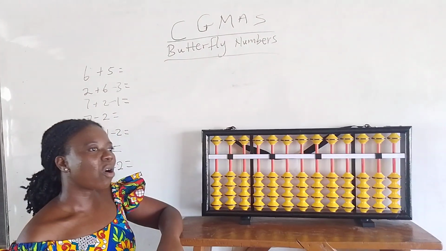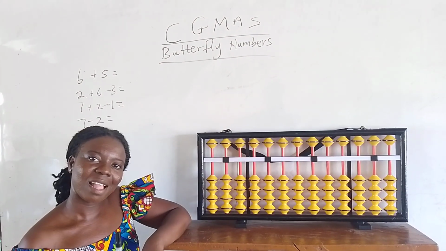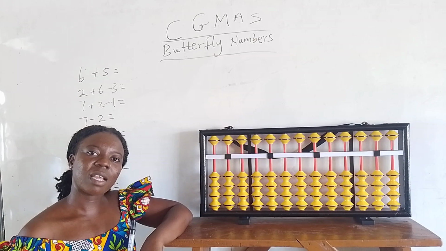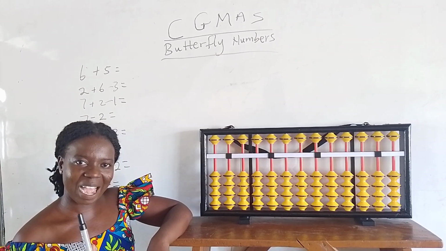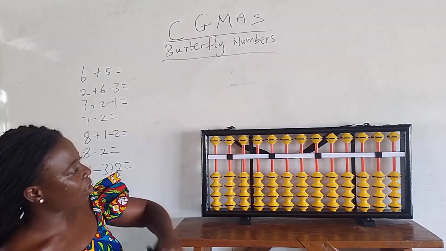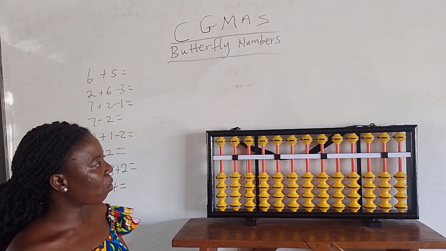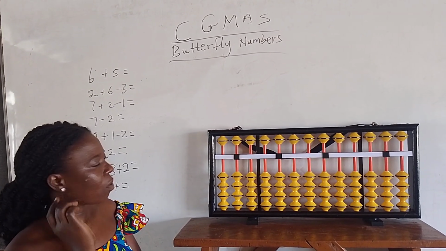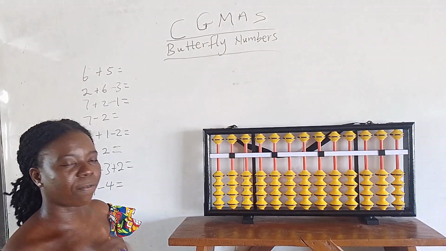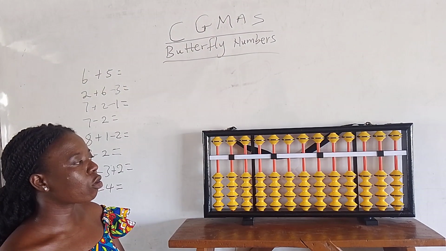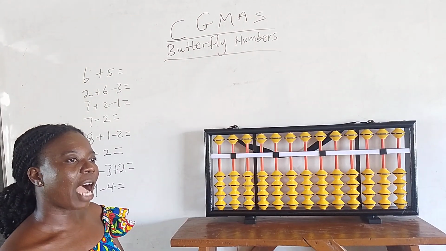Alright, so before we look at today's lesson, last week we looked at the almighty 5. So let's quickly review the almighty 5. We said to be able to get 5 on your Abacus too, what do we do?